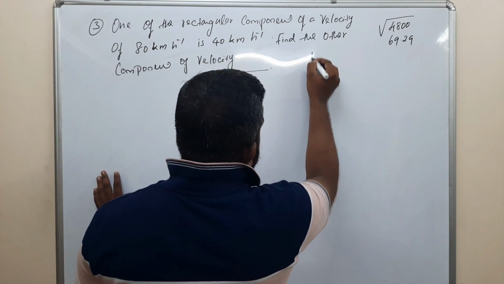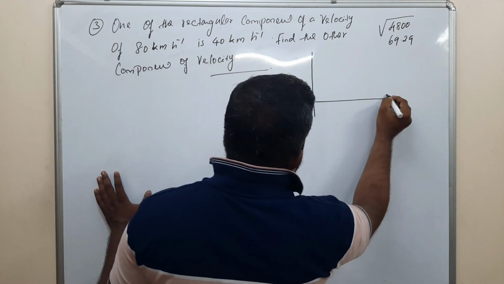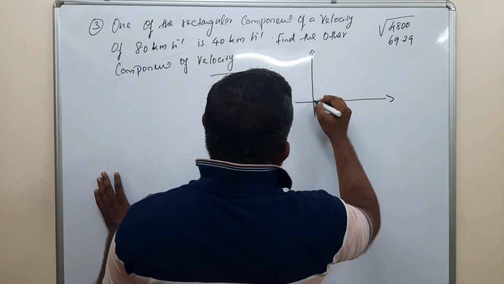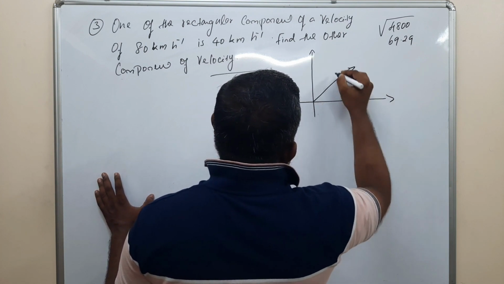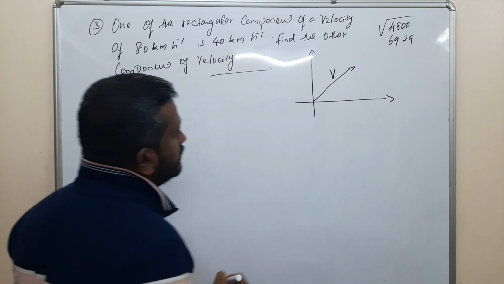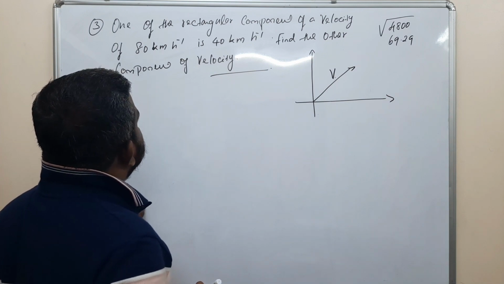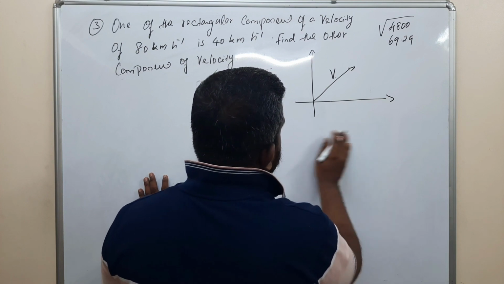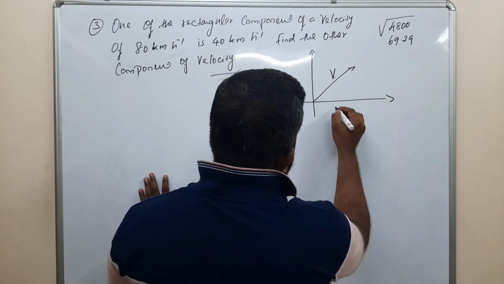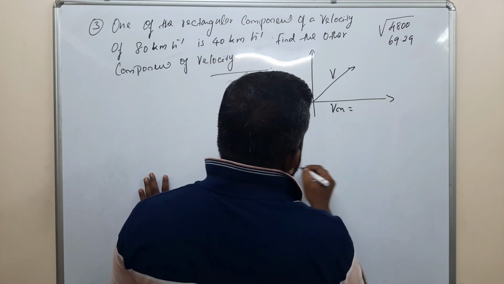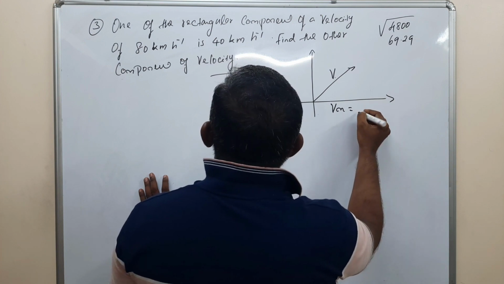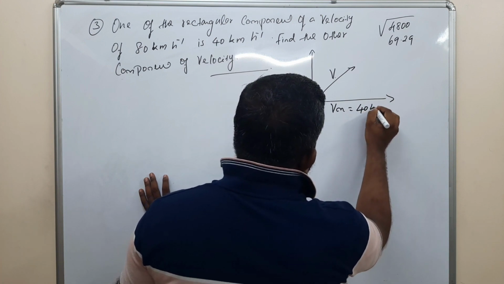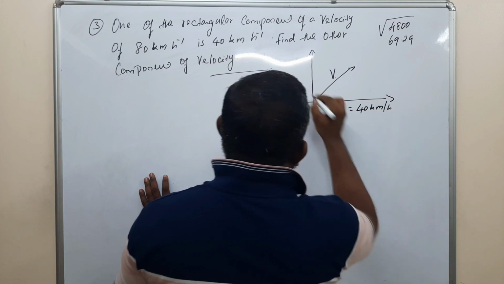So it is the velocity vector. So Vx is given, one of the components Vx equal to 40 kilometer per hour.